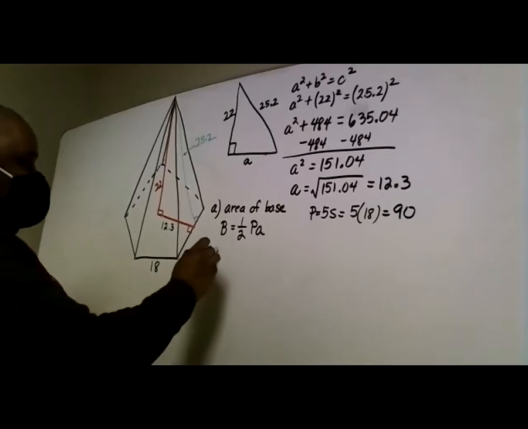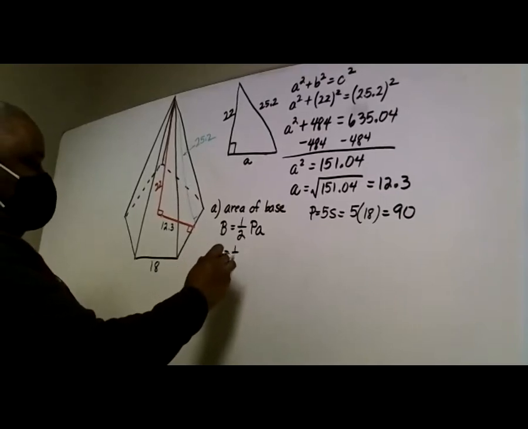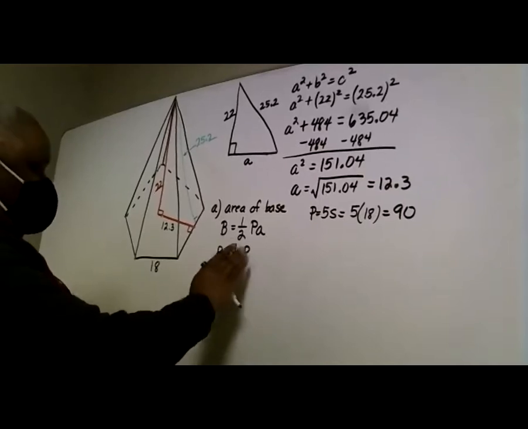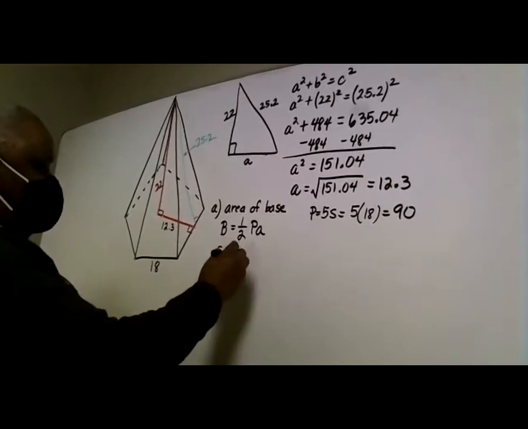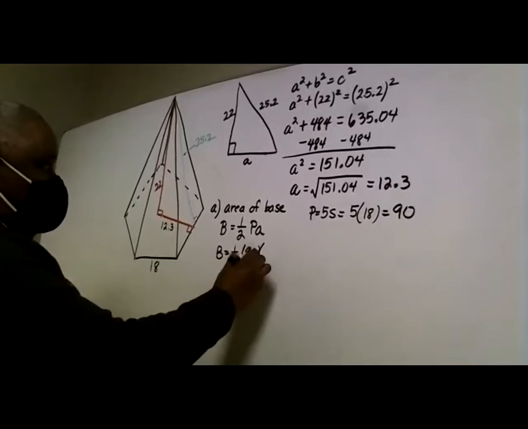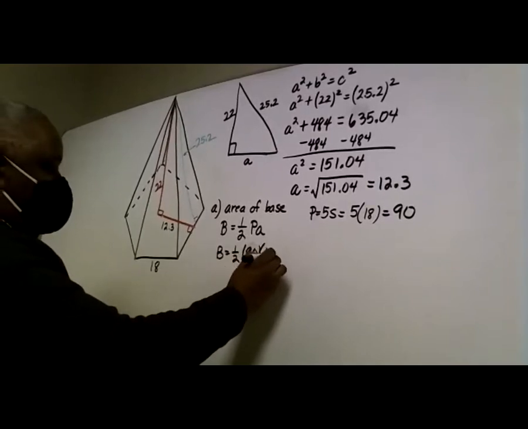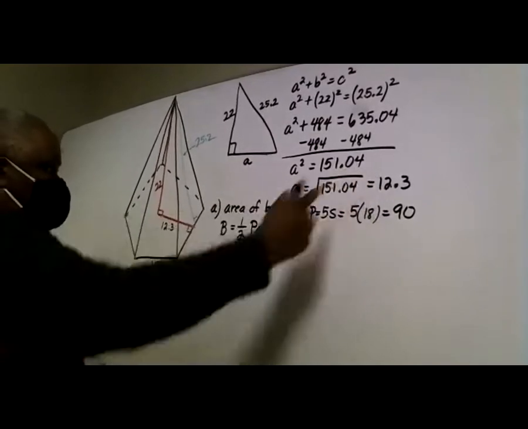So here, the base is equal to 1/2 the perimeter, where the perimeter is 90, 1/2 of 90 times the apothem of 12.3. That's what we just found here.